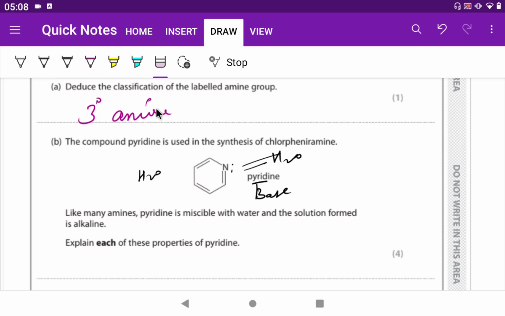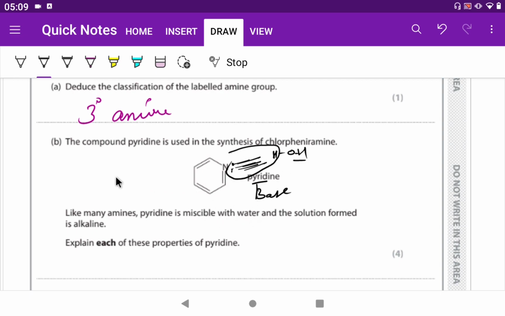So the nitrogen lone pair is donated to water's H. It forms a hydrogen bond between nitrogen and hydrogen. When the nitrogen-hydrogen bond takes place, it can take completely one H+ from this water molecule.